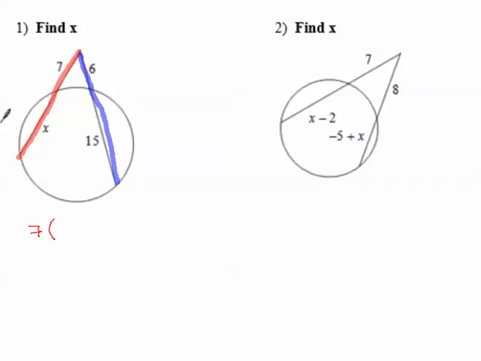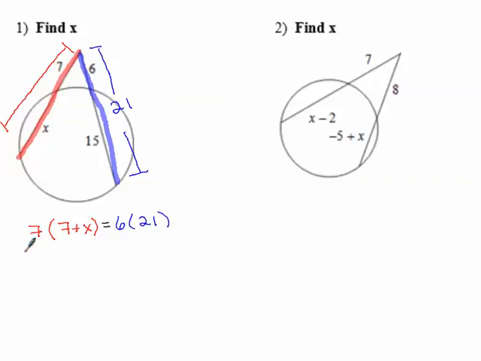The entire segment, the entire thing is the 7 and an X. I can't multiply. When I combine segments, I add, so I get 7 plus X. And what does that equal? On the blue side, the part outside the circle is 6. And the entire thing from 6 all the way down to here is 6 plus 15, or 21.